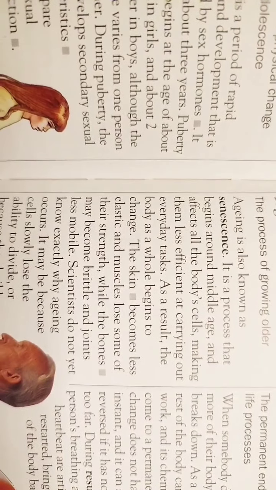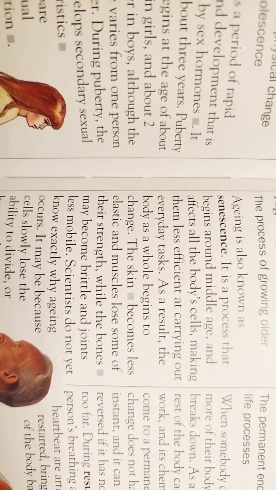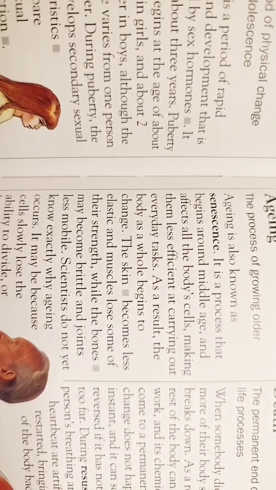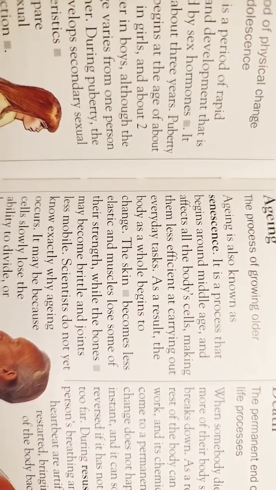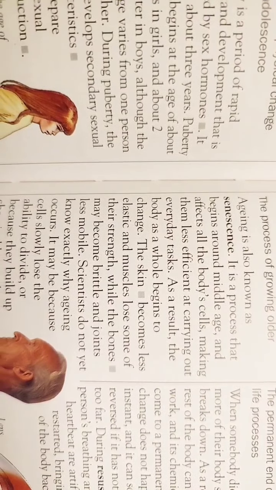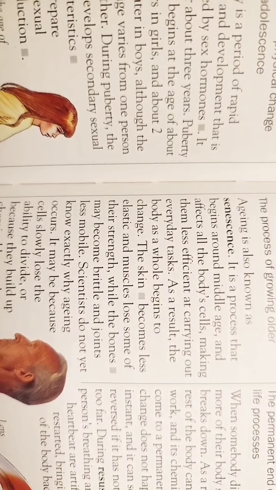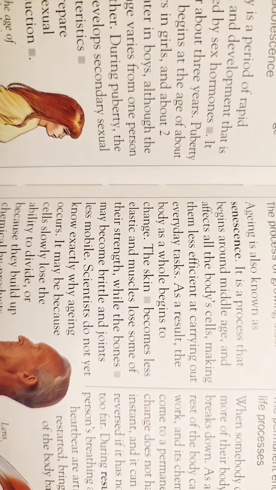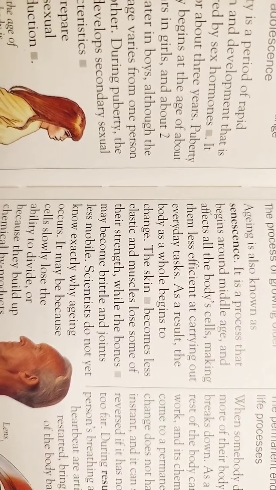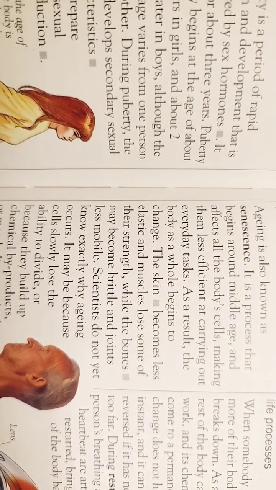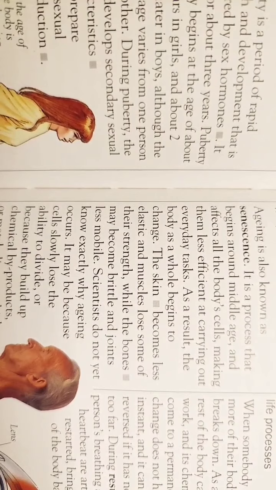As a result, the body as a whole begins to change: the skin becomes less elastic and muscles lose some of their strength, while the bones may become brittle and joints less mobile.